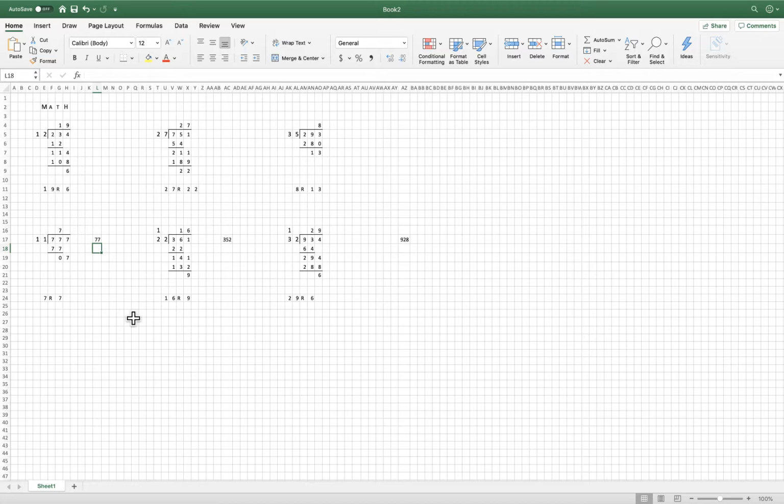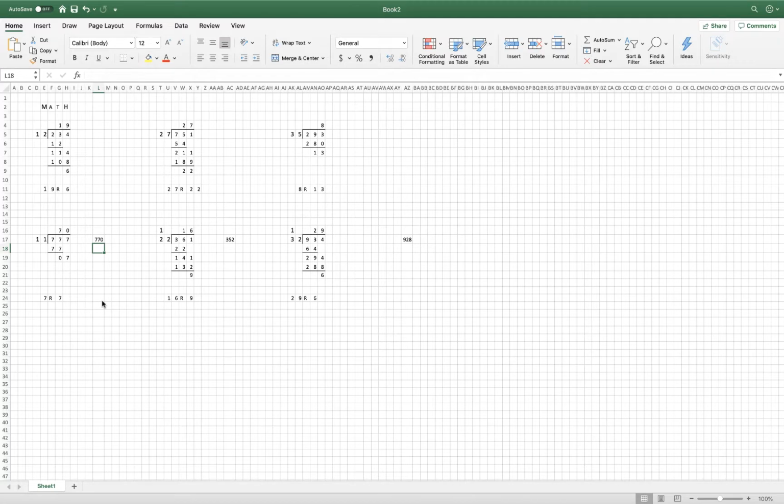I made a mistake. I didn't put a 0 here. Sorry. That's why it's good to check your answers. So if I did have the 0, we'd get equals 11 times 70 instead of just 7. Get 770. That looks a lot better because we have that remainder of 7, right? So we add 7 to 770 and we get our answer.